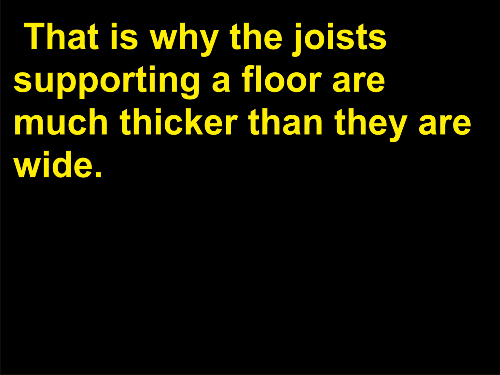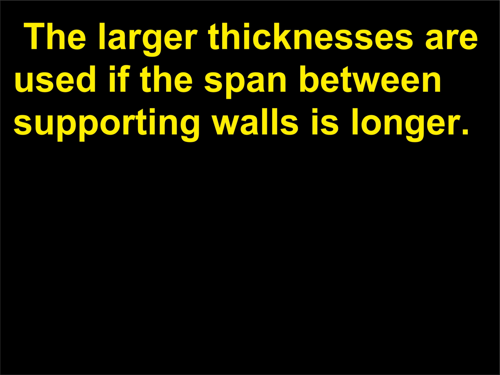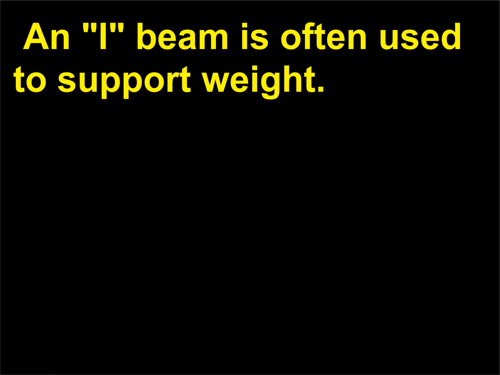That is why the joists supporting a floor are much thicker than they are wide. Typically wood 1-1/2 wide but 10 or 12 thick is used. The larger thicknesses are used if the span between supporting walls is longer. An I-beam is often used to support weight.